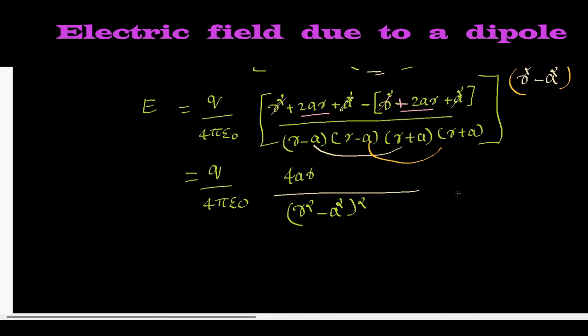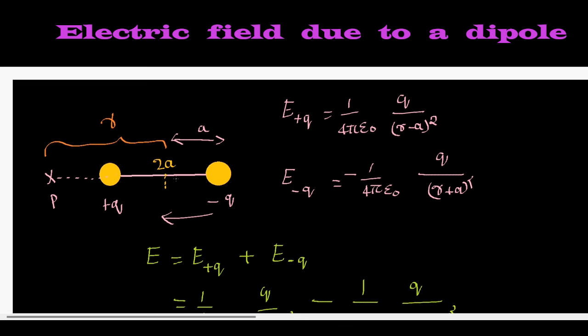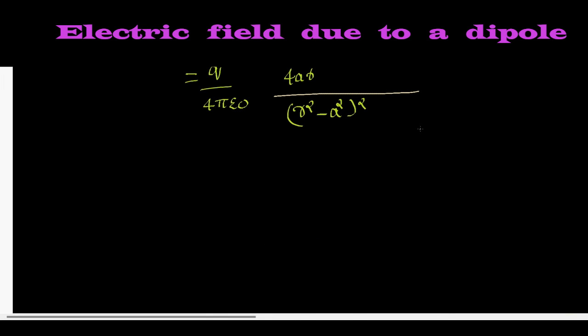But we know the distance of separation between the dipoles is very small. So if we take a point somewhere in space which is very much greater than 2a, that means if r is very much larger than a, a square will be again very much small.